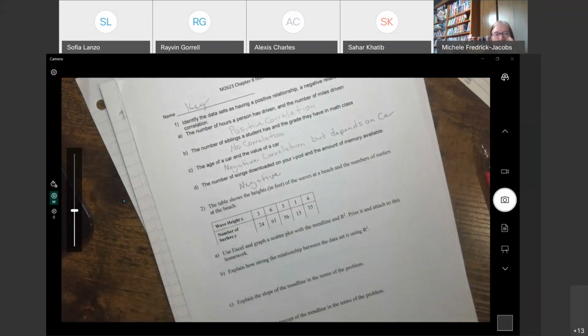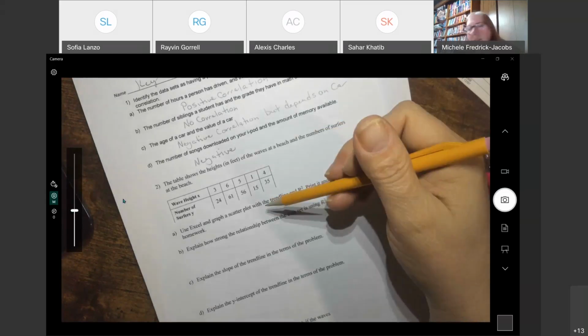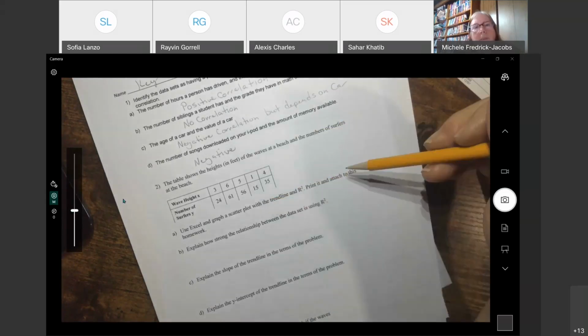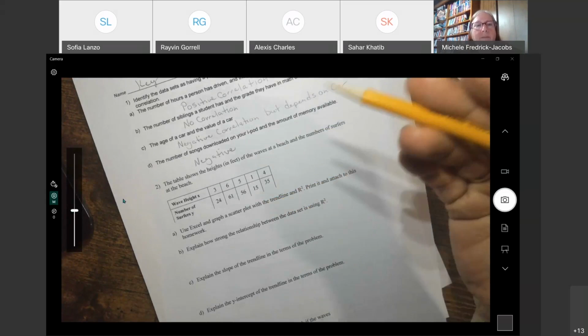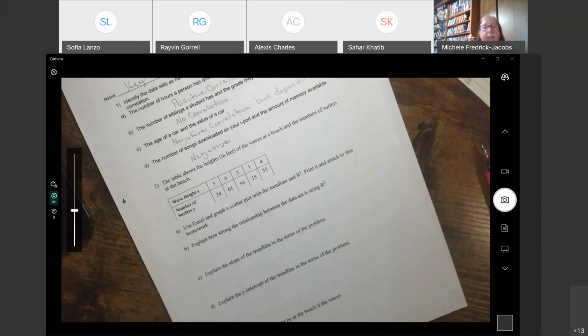Okay, because for 2A it says to use Excel and print it out, so I didn't know. Oh, okay. So when we use Excel, just take a picture of it and then just attach the picture. Thank you. Yeah, the printing out was when we were in the classroom. We would do this in a lab, and so everyone would print it out. But since we're not handing them in, you don't have to print it.